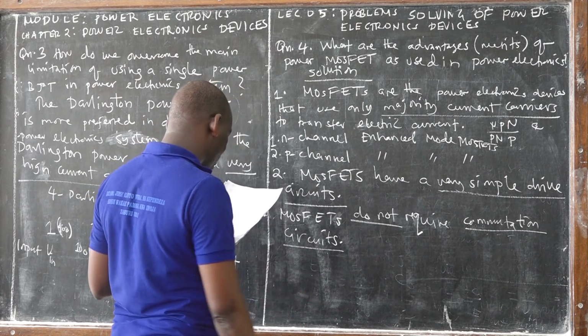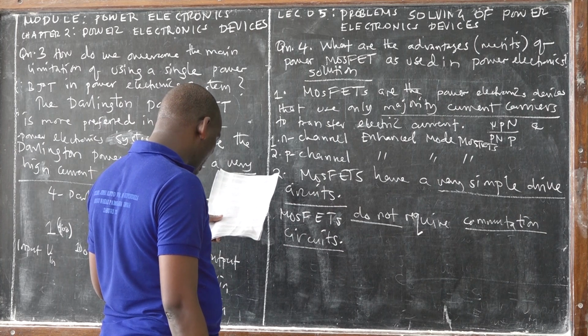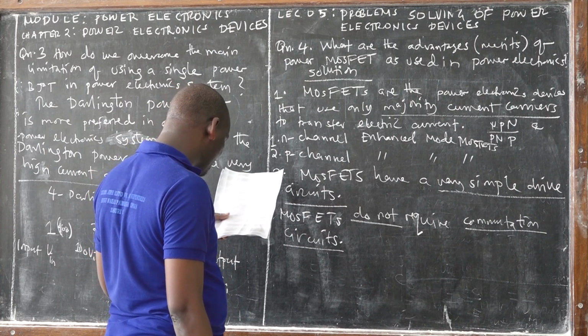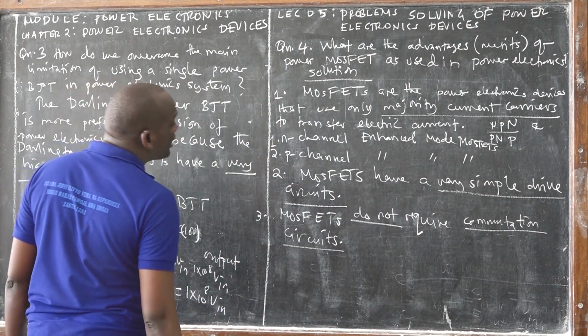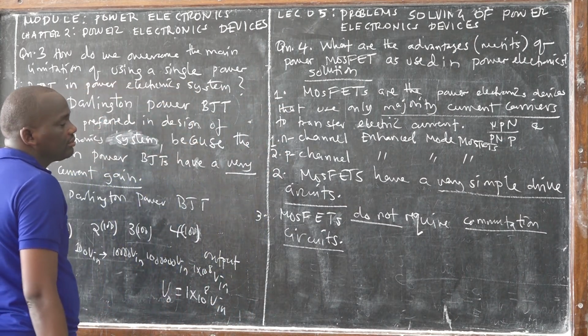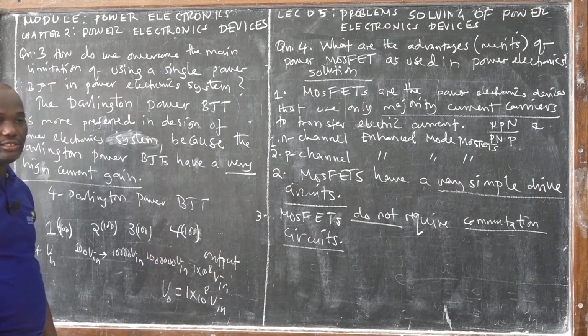How do we read it? Commutation, isn't it? So what are commutation circuits?